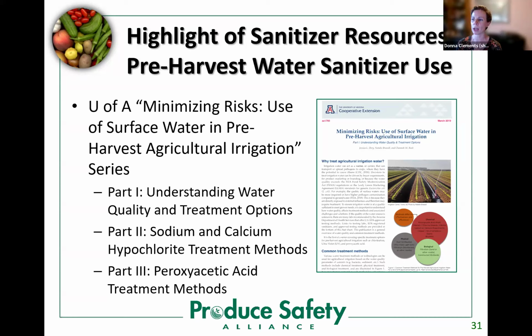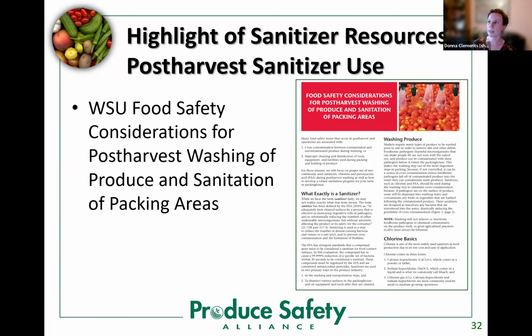One is all about hypochlorites, one is all about peroxyacetic acid. And then this is a post-harvest sanitizer use resource. This is one of my favorites for growers who are just trying to understand the chemistry and use and recommendations for chlorine-based and peroxyacetic acid-based sanitizers post-harvest.